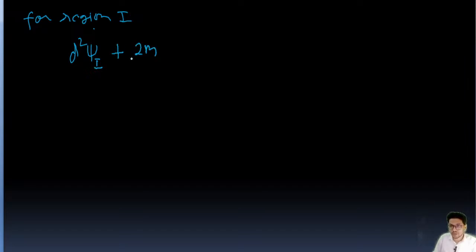So the Schrodinger equation for region 1 is d2 psi 1 upon dx2 plus 2m upon h cut square, E minus V, psi 1 equal to 0, right?